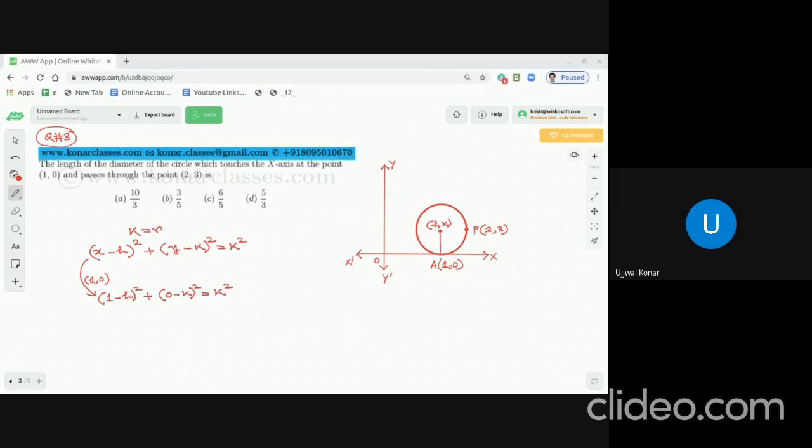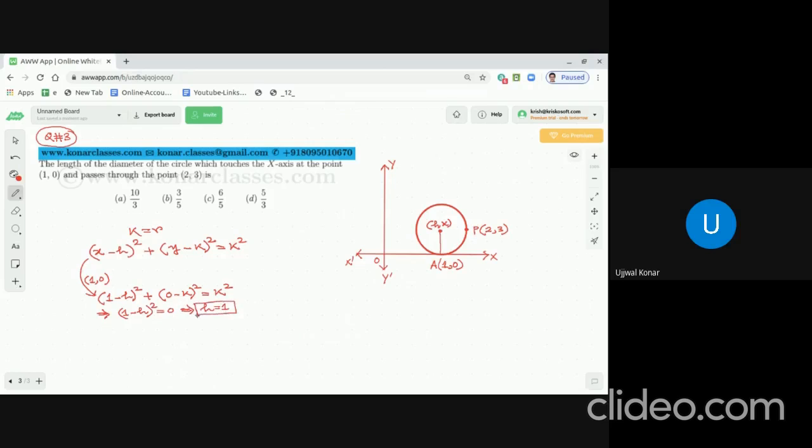Correct? So what are we going to get here? From here we get that (1 minus h) square is equal to 0. Hence we get the value of h as equal to 1.